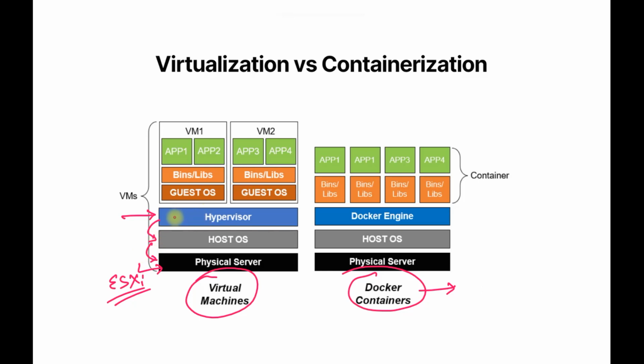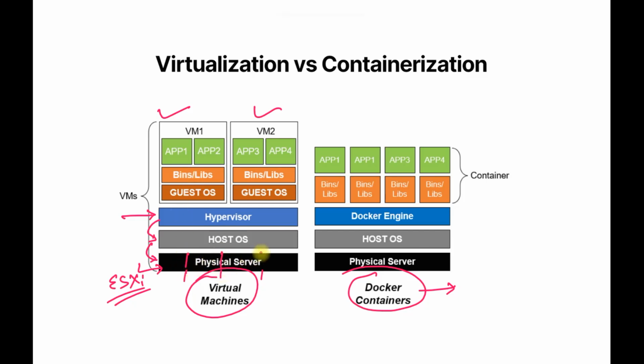Running this hypervisor helps us to abstract the physical box into virtual machines. That means these virtual machines are built out of the resources of the physical host. So the division, or we can say the abstraction, is on the host.